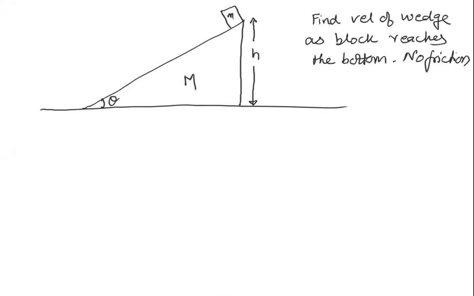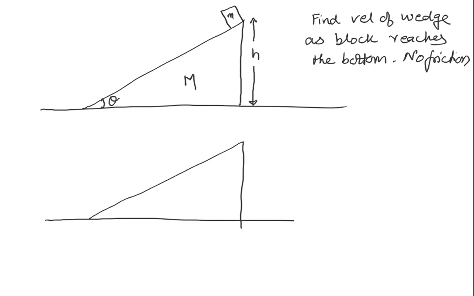If you are measuring the velocity of this block with respect to the earth, with respect to the ground, then whatever you have written will be wrong. Because let's say that when the block reaches the bottom, its velocity is v1 and the velocity of this is v2. But what is this v1?